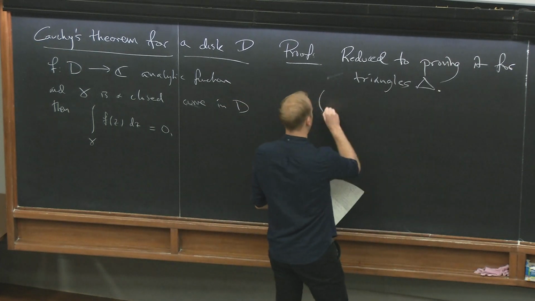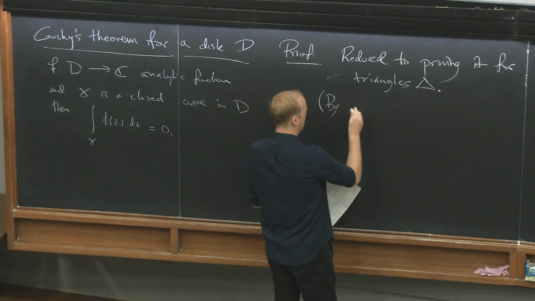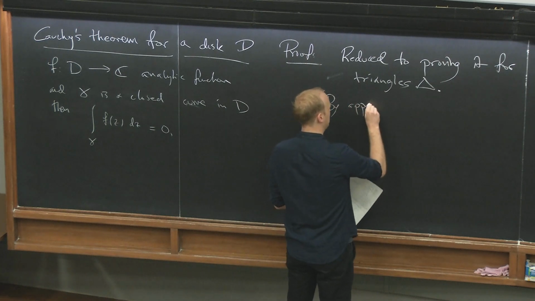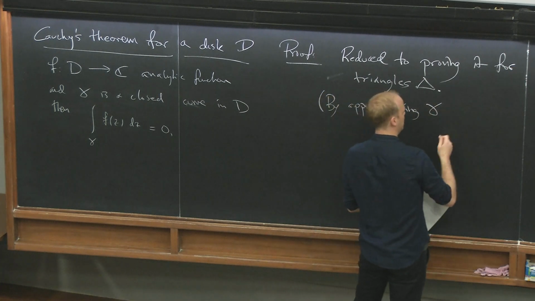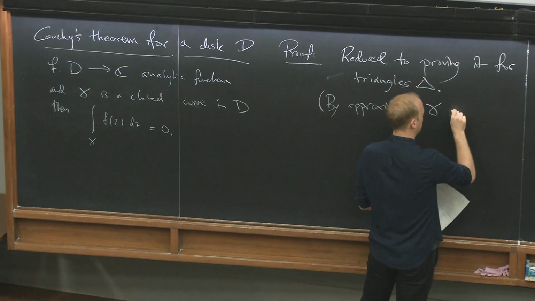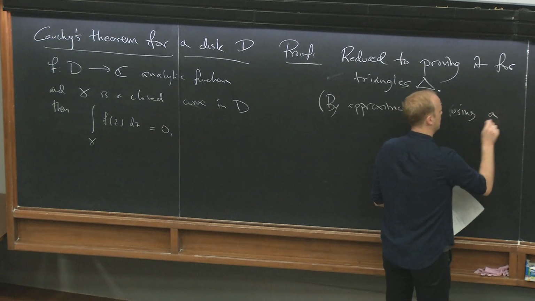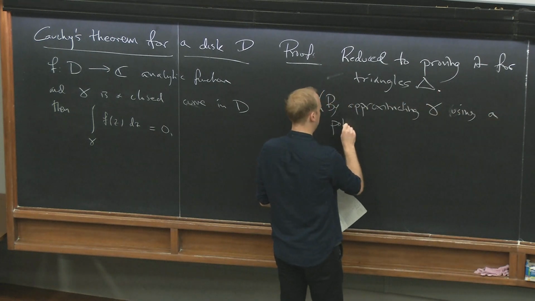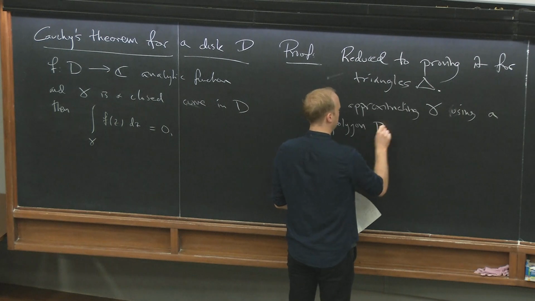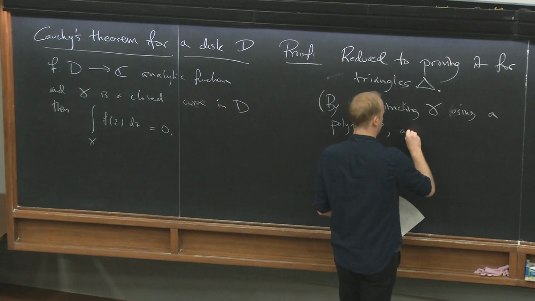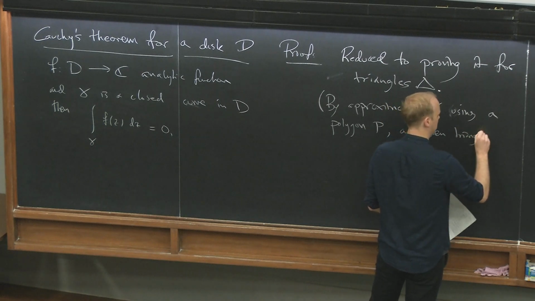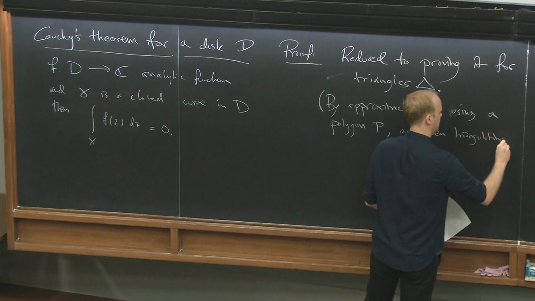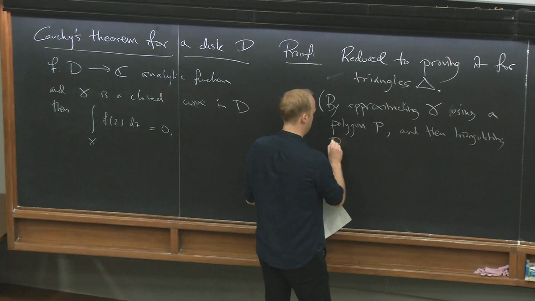And we did this by approximating gamma using a polygon P, and then we triangulated the polygon.